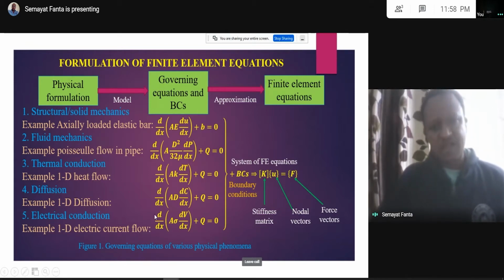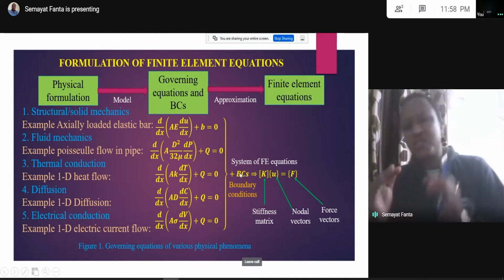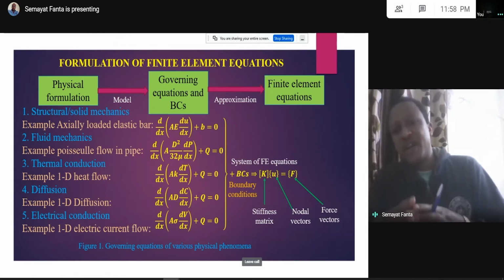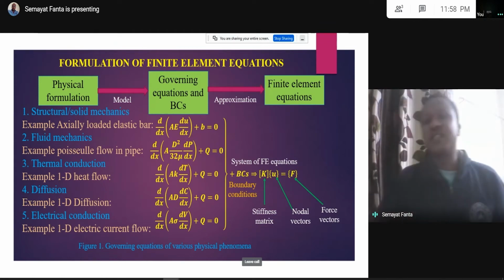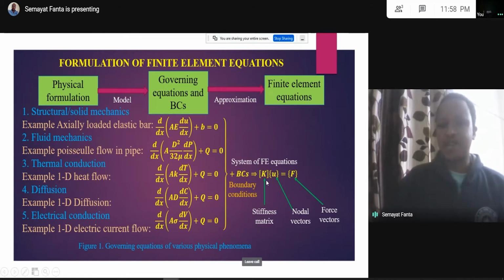So with these governing differential equations plus applying the boundary conditions, we can finally get the system of finite element equations, which is K, the stiffness matrix, times the matrix of the nodal vector U, which is equal to the matrix of the force vector. So this is the finite element equation.